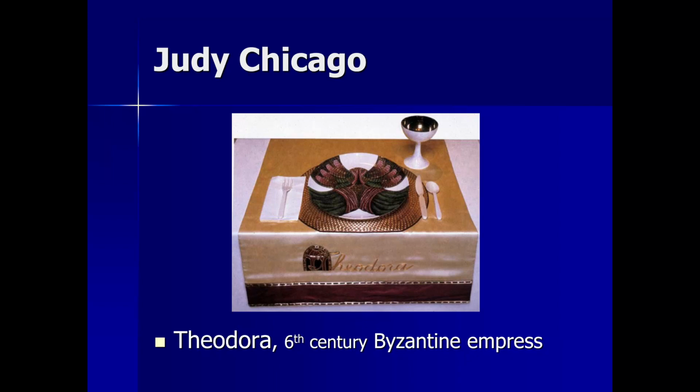emperor in Byzantine history. So what you're seeing here is a place setting that has little golden pieces that look a little bit like tesserae, because Theodora is shown in a mosaic in Ravenna, at the Church of San Vitale, with, of course, these beautiful glass tesserae, little pieces of mosaic.